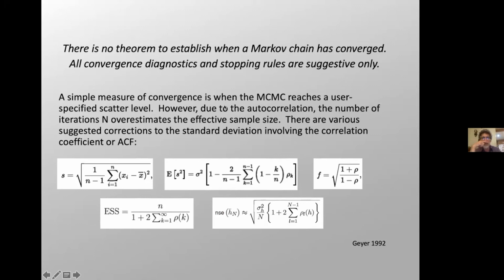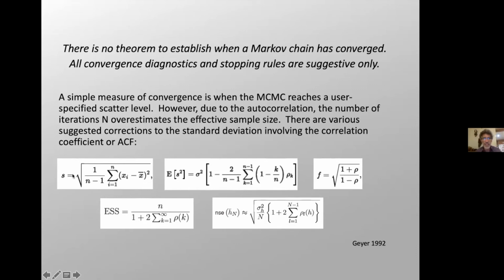Then you can do it, but because it's autocorrelated, you don't quite know what n to use in this calculation of the standard deviation. This is the usual calculation of standard deviation, but n is sort of wrong. So there's different suggestions of how to correct it. This is a statistical matter. So Geyer is a statistician who invented this particular one.